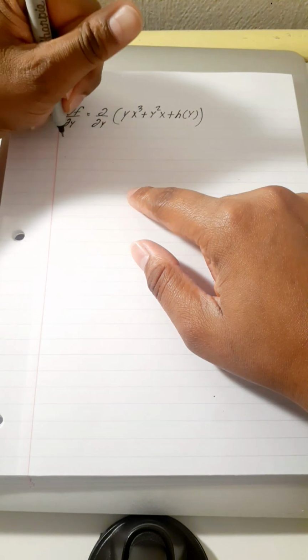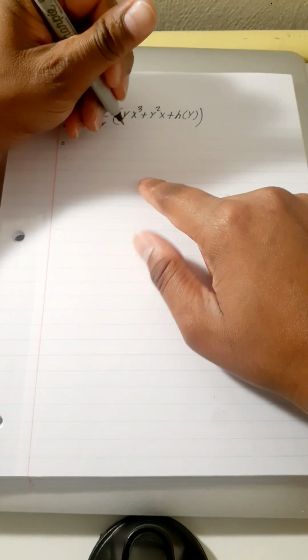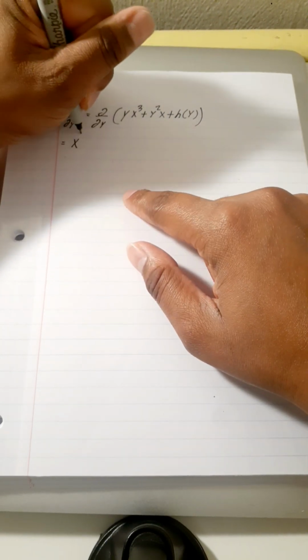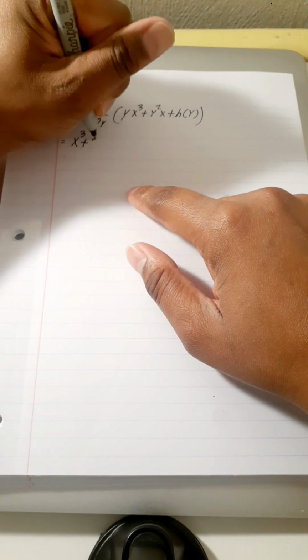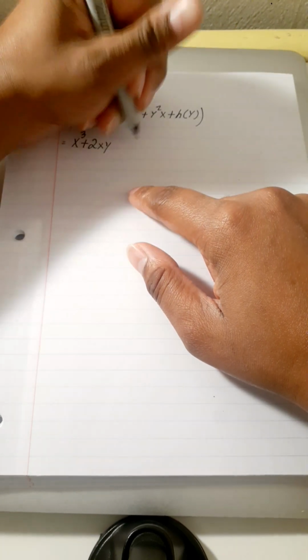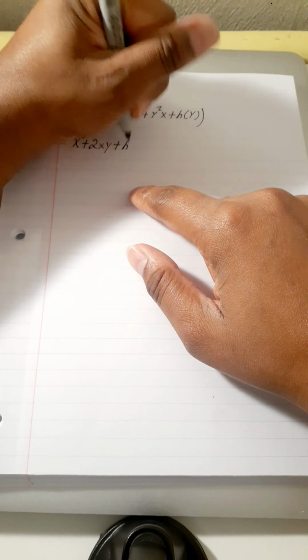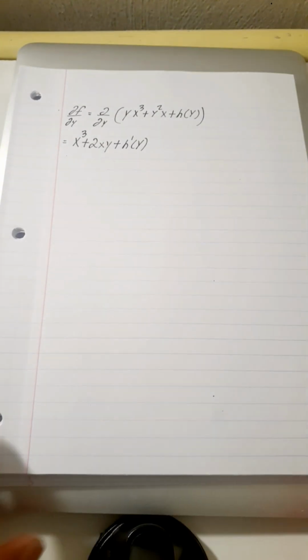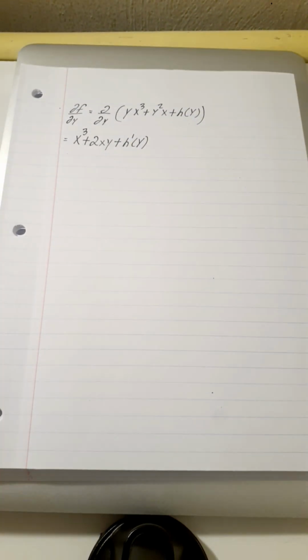So let's see what we get. When we take the partial derivatives here, we're going to get x cubed plus 2xy, and then plus h prime of y, because when we take the partial with respect to y for h of y, we get h prime of y.